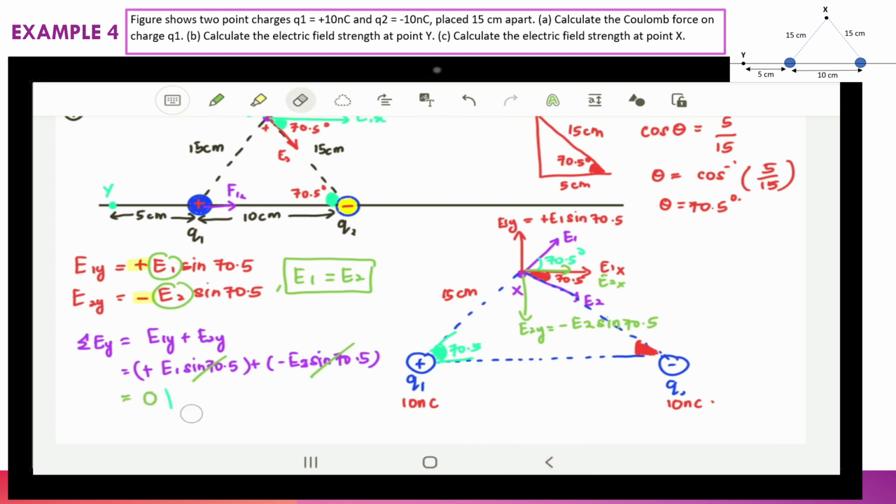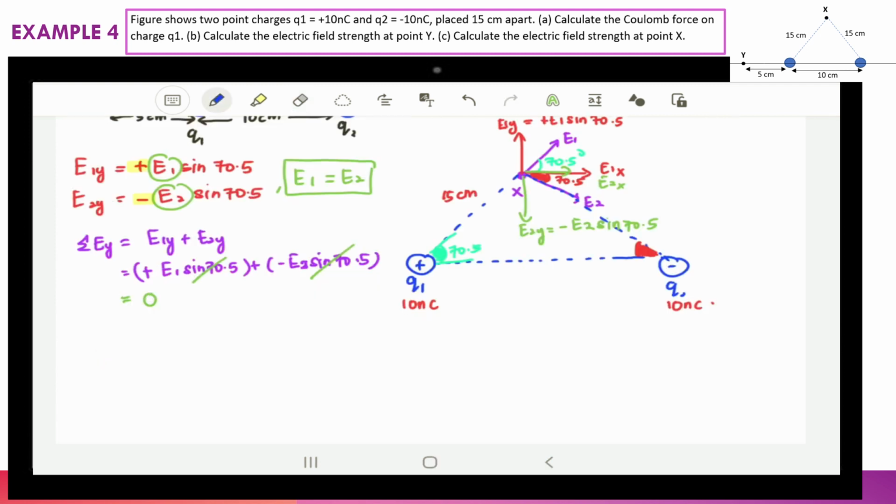Now how about the X component? It will be E1x plus E2x, so it's equal to E1 cos 70.5 plus E2 cos 70.5.